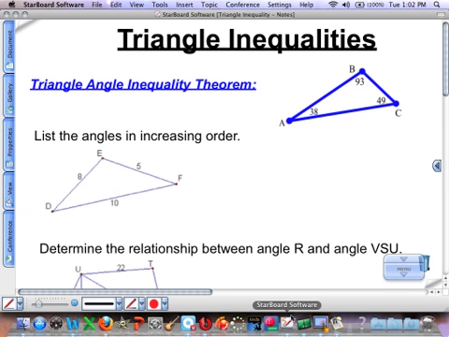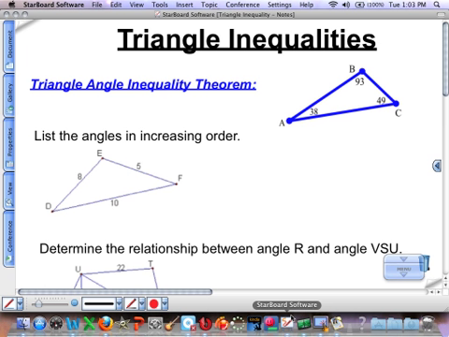So if we come back to here, the triangle inequality theorem. All it really states, this is what you need to write down, so I'm not going to write it down, so you need to listen very closely. All the triangle angle inequality theorem says is that the largest angle is opposite of the longest side.